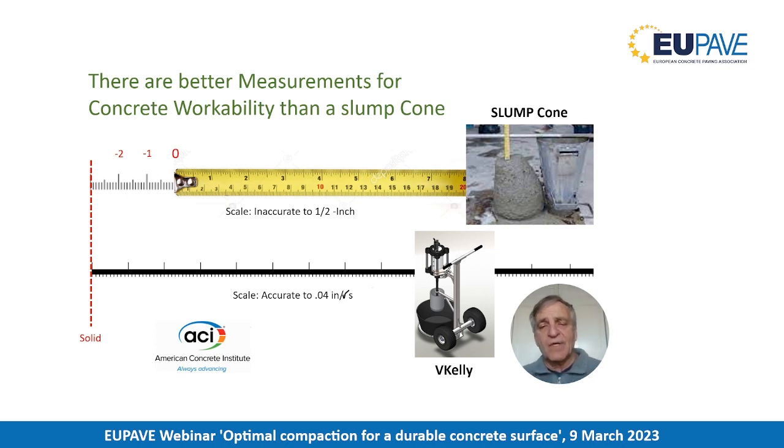It's made for concrete pavements, and really the scale for the V-Kelly goes past the 0 mark to almost solid or solid. And the angular friction, we stop with a cone, we stop right here at 0, and there's a lot more to the left-hand side of the scale that we don't look at in negative numbers.